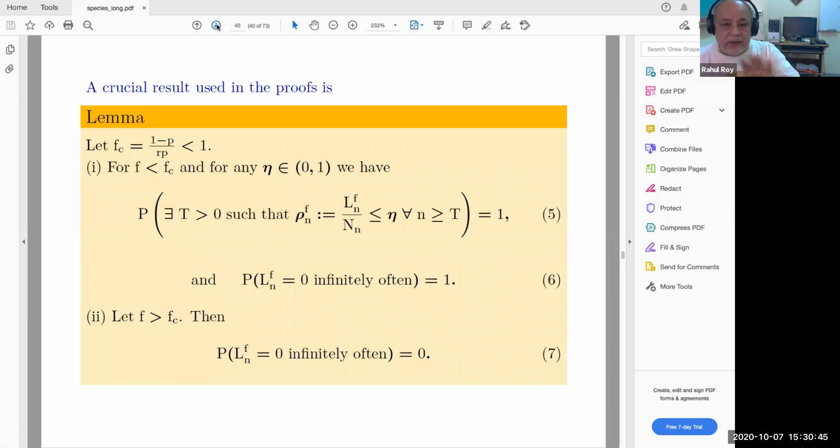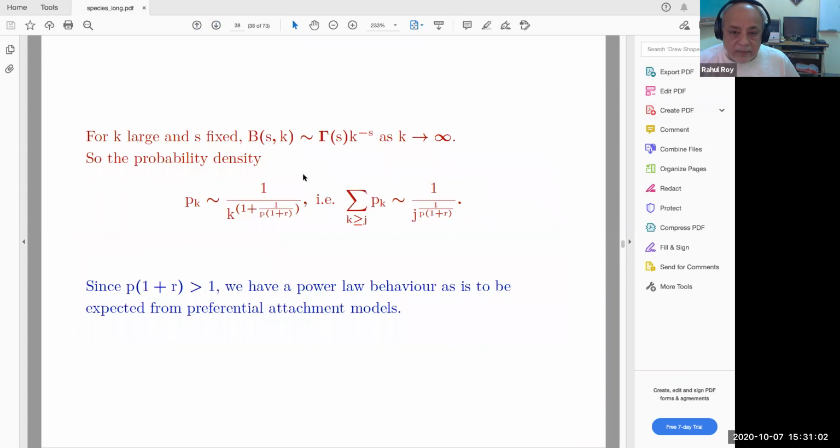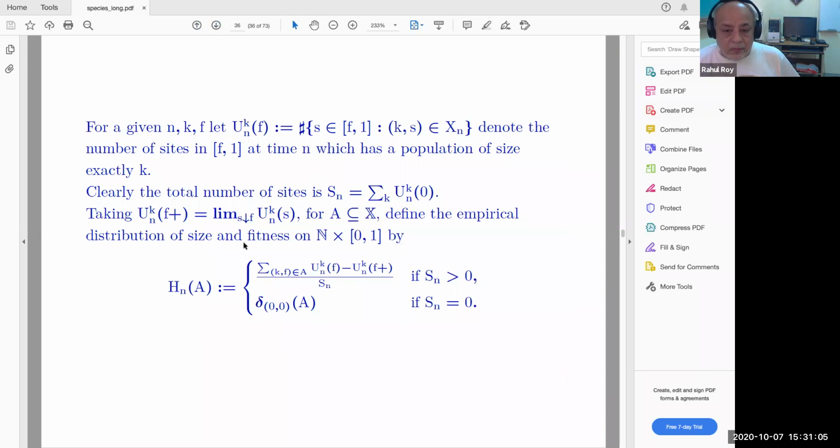So where was I? I'll come back to this lemma later, but let us now prove the results in a random order. The first is the one where we get the Yule process. Remember H_n: for any Borel set A, H_n of A looks at the number of individuals of fitness F, with the number K in A, with the quantity U_n(F) minus U_n(F) plus, divided by S_n, where S_n is the total number of sites.